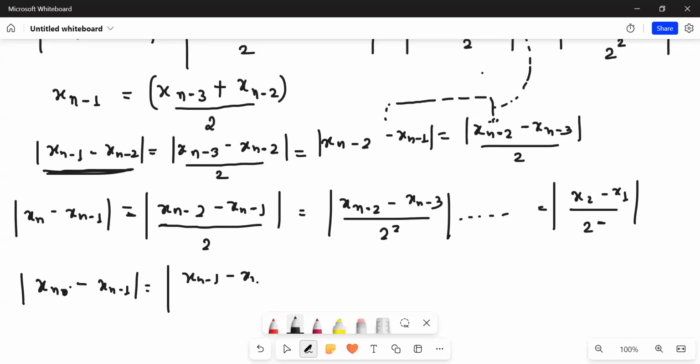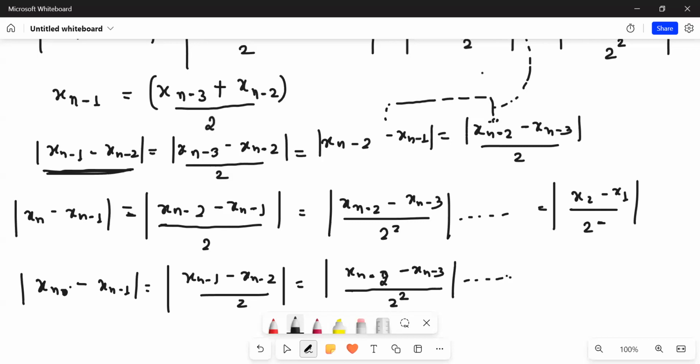We'll use whichever suits us. Till now, I don't think there is an issue. Okay, so at the end, you'll get x2 minus x1. This is fine. And what power do you expect here? So you see, this 2 came and there's a power 1 here.